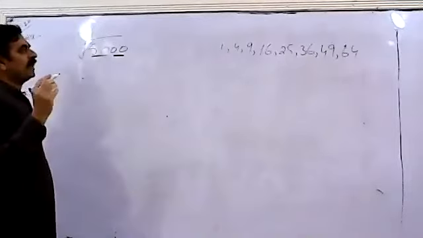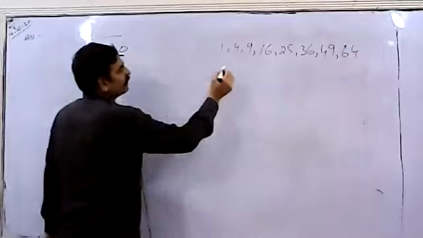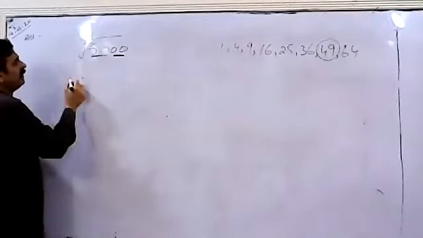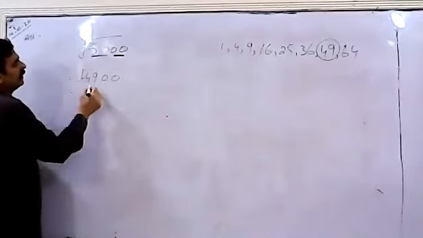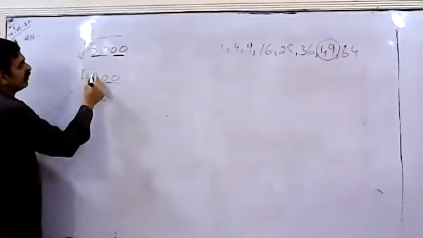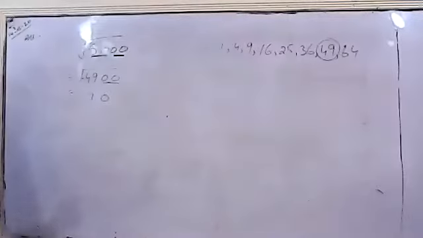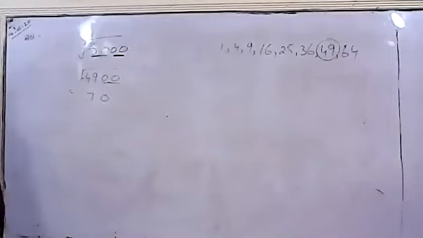These are all square numbers. What is the nearest number? That is 49. So we can estimate 4,900. We will choose one zero. The square root of 49 is 7. The final answer is 70.